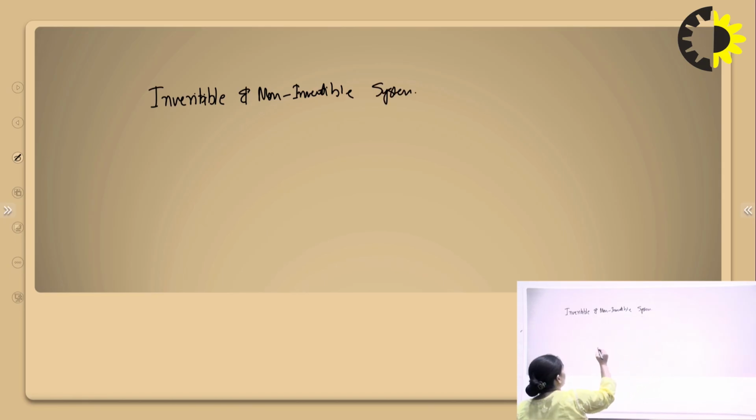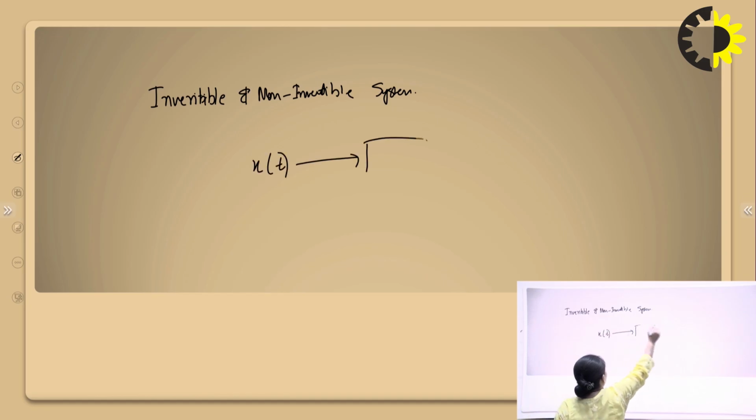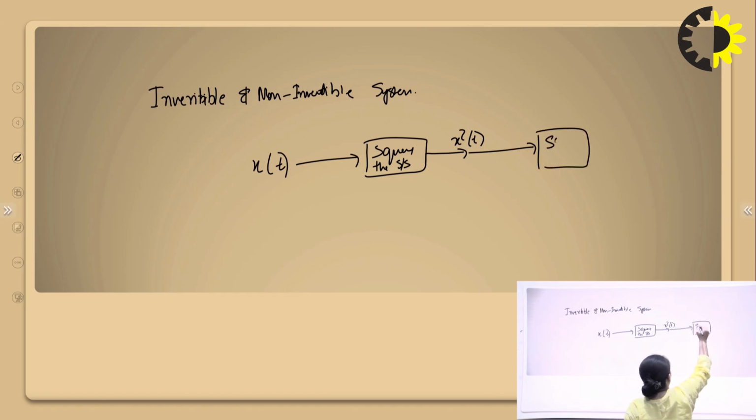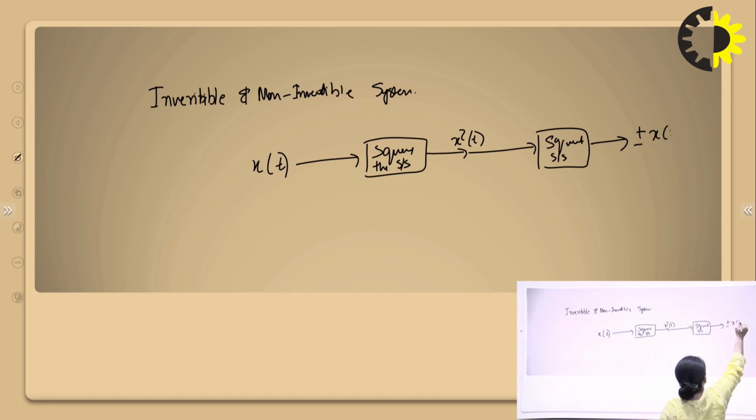Suppose I have some x(t) and I square the signal, so we get x²(t), which is y(t). Then I take the square root of this system, and what we get is plus or minus x(t).